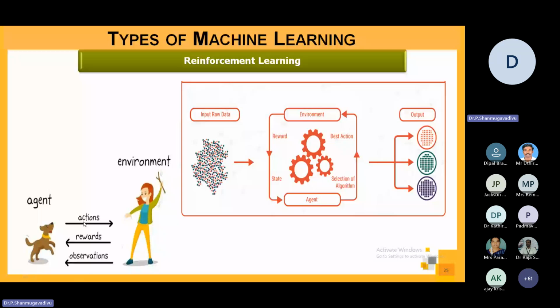So now, as you see this slide, this box, we give the input data. You could see here there are red, violet, and green dots. Now they are to be divided. When this is sent to a model, the model will be able to categorize the given input data.